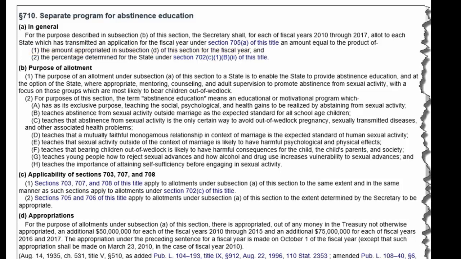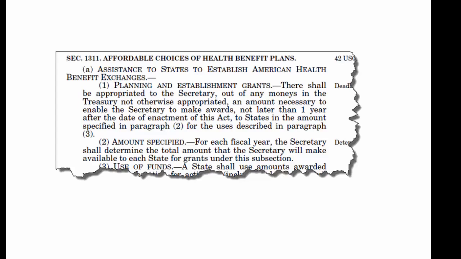Here's another example. This one's from the Affordable Care Act. This is the language for the grants to states to establish health benefit exchanges. Note that it appropriates an amount necessary to enable the Secretary to make awards, and this amount is specified for each fiscal year. There's no explicit statement of period of availability.